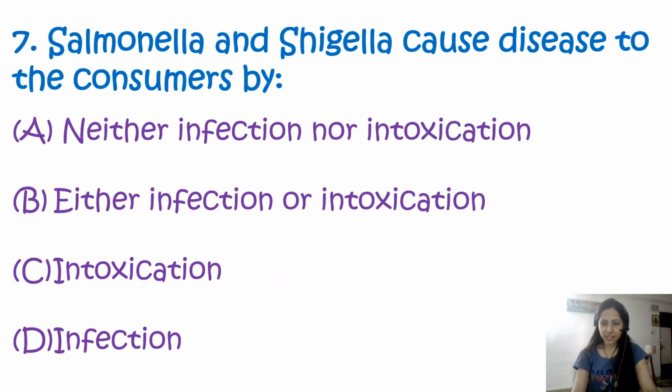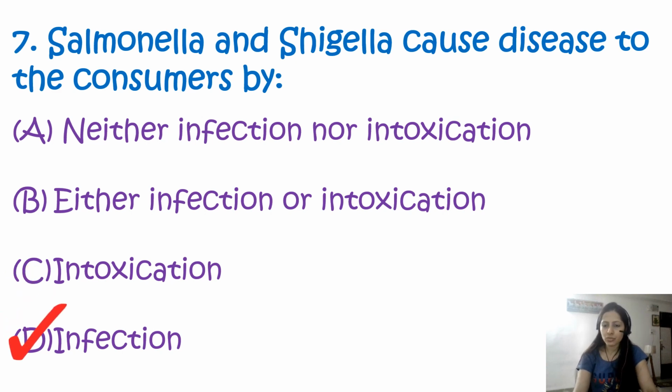Next, question number 7. Salmonella and Shigella cause diseases to the consumers by, options are neither infection nor intoxication, either infection or intoxication, intoxication or infection. So over here the correct option will be D, that is infection. Salmonella and Shigella cause diseases to the consumers by infections.